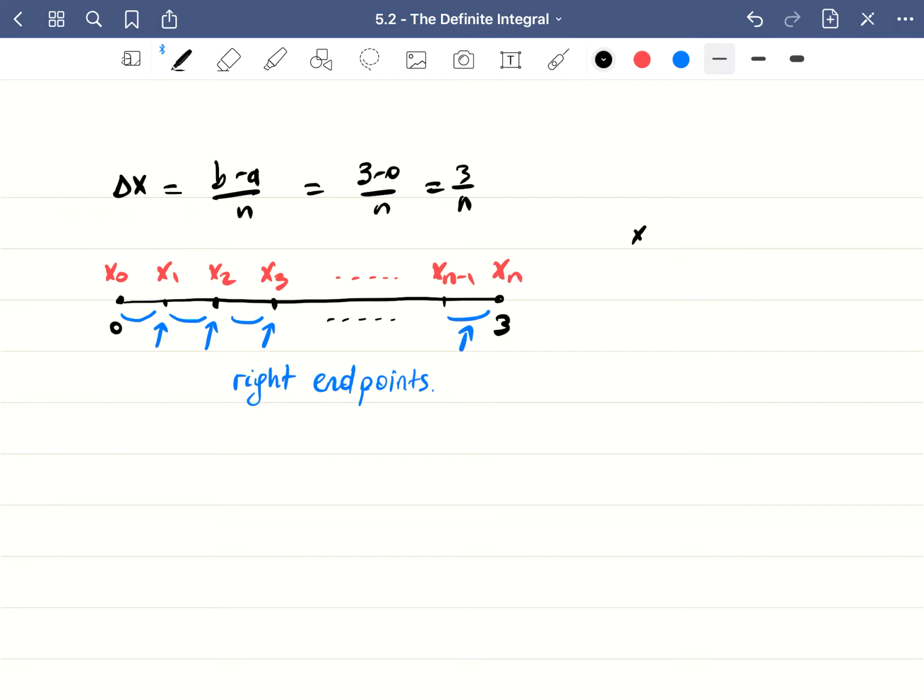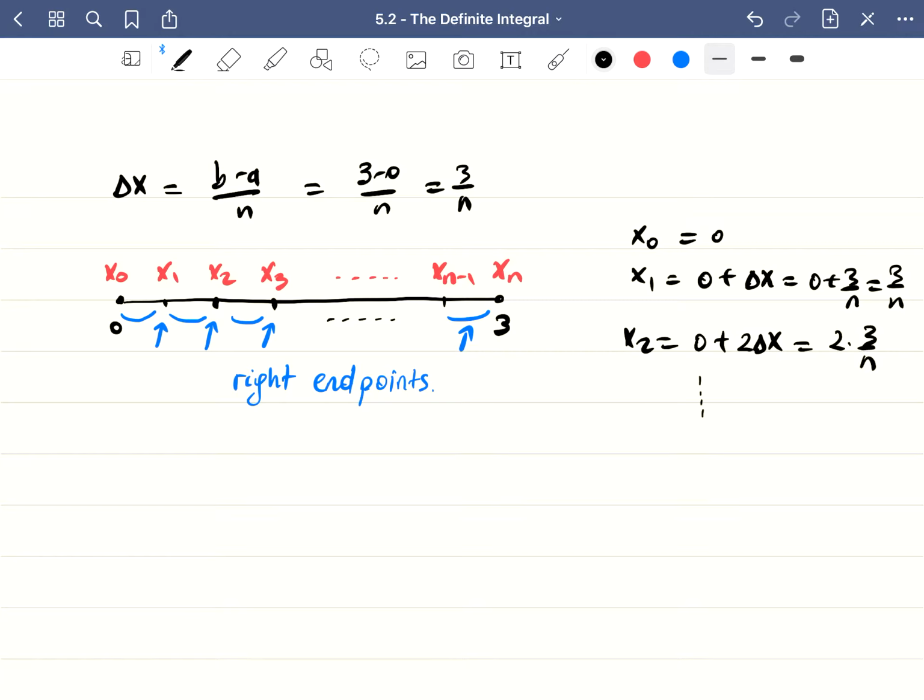Let's start with x0, which is just 0. x1 is 0 plus 1 copy of delta x, and delta x is 3 over n, so x1 is 3 over n. x2 is 0 plus 2 copies of delta x, so 2 times 3 over n. You keep going like that, so xi is 0 plus i times delta x, which is i times 3 over n.